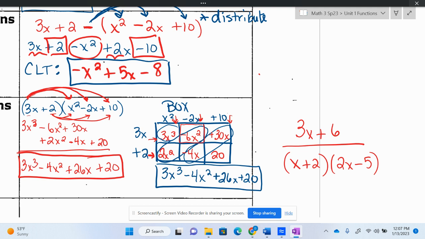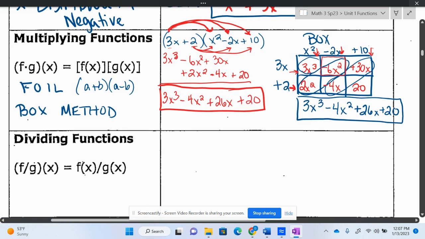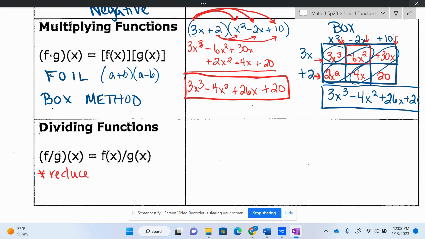Good job. Okay, so that's what we're going to do. Whenever we have to divide our polynomials, you always want to see if you can reduce. And that means look for a GCF first. And possibly, I'm going to say that dirty F word, possibly factor. Possibly factor, okay?